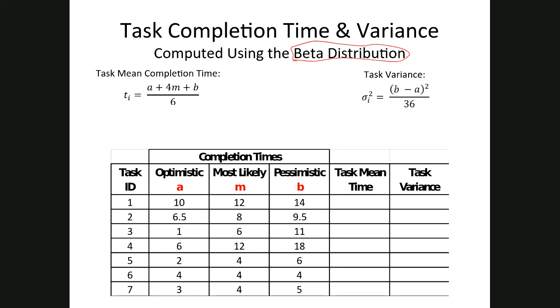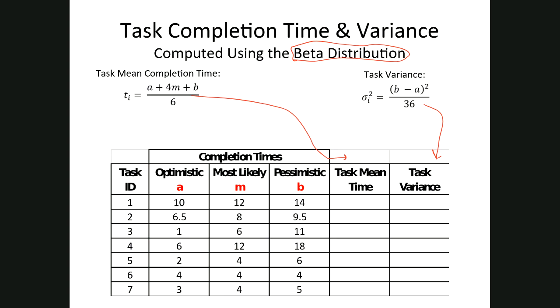If we were in a different class, we would derive these terms, but it's not too terribly difficult to derive. But we're going to do the following. We're going to compute the task mean completion time and the task variance for each one of these tasks using these terms A, B, and M.